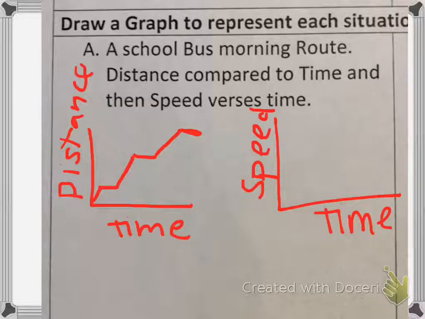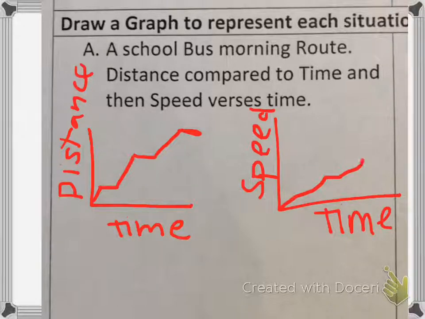I think that it would be pretty similar. When we're doing time compared to speed, I think that on the speed we would not necessarily start out at a constant. I think we might have to show that we're speeding up, meaning we're getting faster and faster, then we would stop.